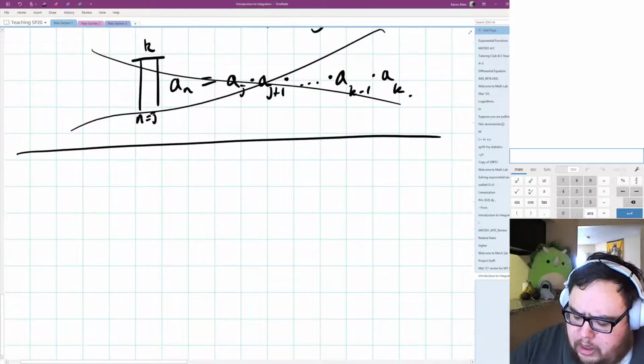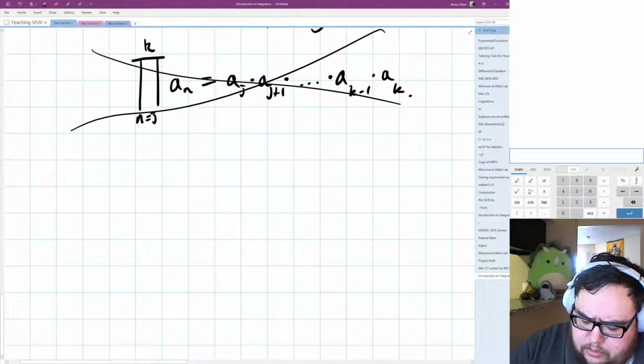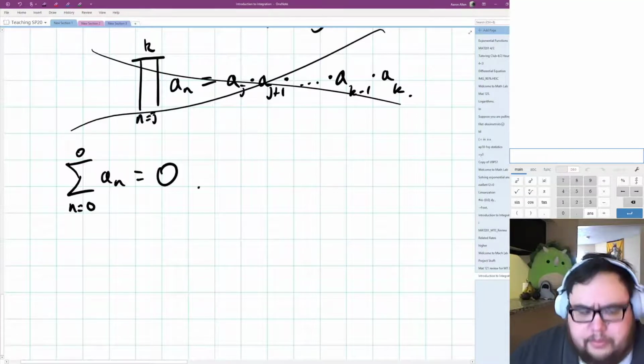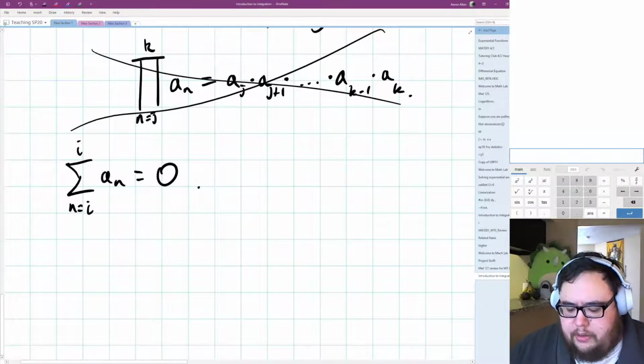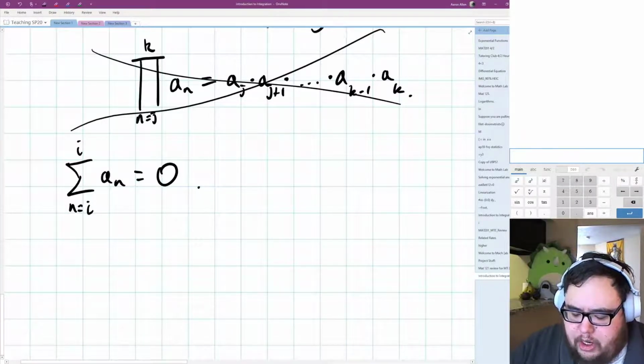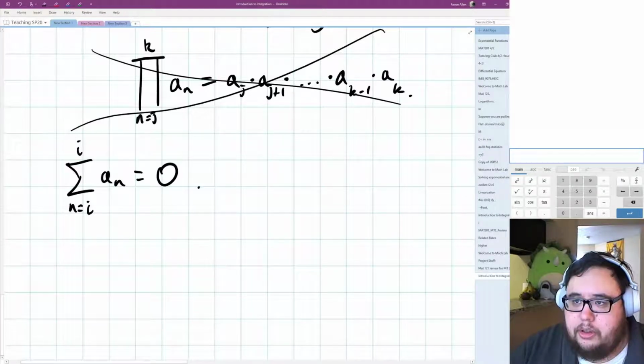Also, a quick note. The sum from n equals 0 to 0 of a sub n is equal to 0. Or rather, I should say even more explicitly, the sum from n equals i to i minus 1 of a sub n is equal to 0.